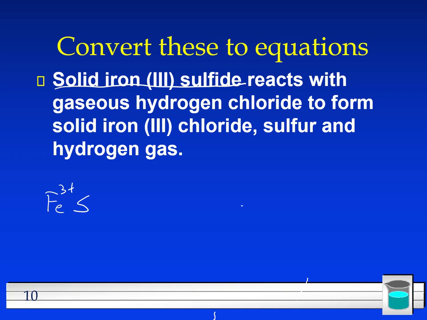Sulfide is sulfur off the table because it's got the IDE ending, and sulfur's in group A, or 6A, so it's 2 negative. So the right formula for solid iron 3 sulfide is Fe2S3. Do the crisscross. And to say it's solid, I'll put an S in parentheses after it. So I have just written solid iron 3 sulfide.